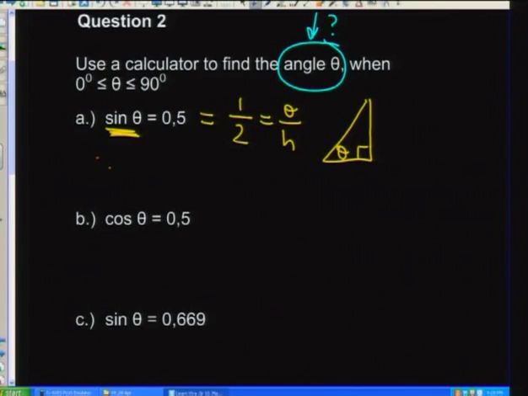So this side here is the opposite, and this side here is the hypotenuse. Okay, it's O and theta, not the same thing. So we're really referring to that as one length or 1 unit, and the h as being 2 units. And what we're saying now is, please tell me what theta is.